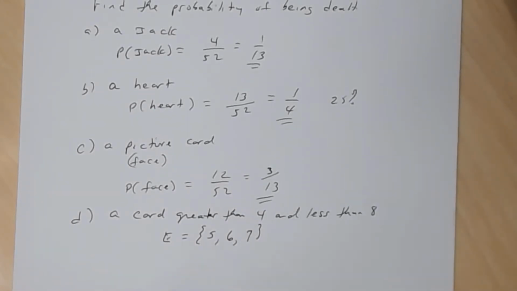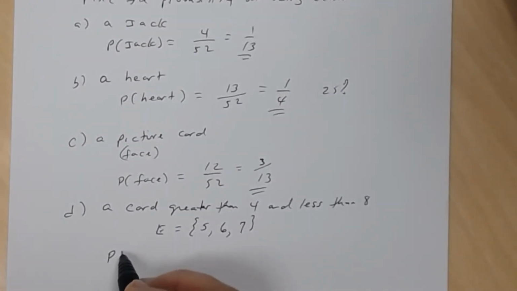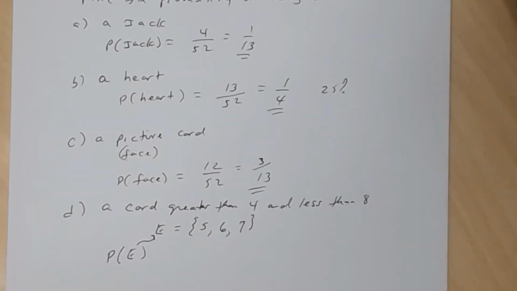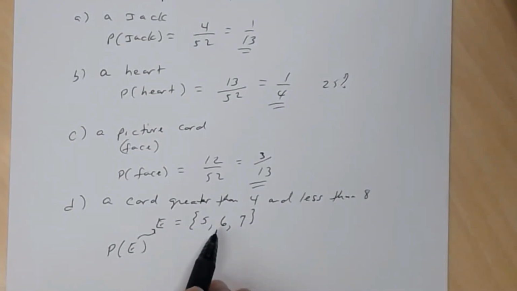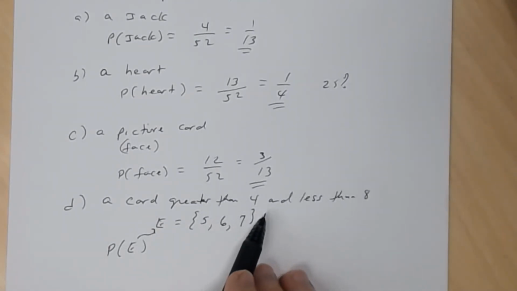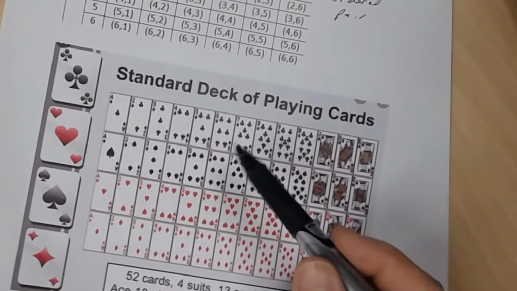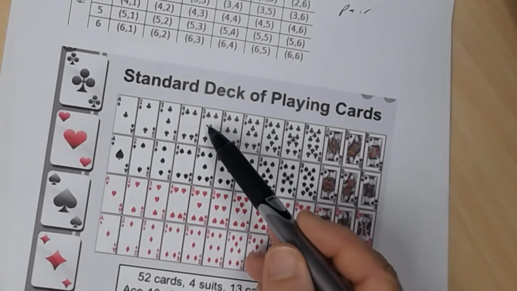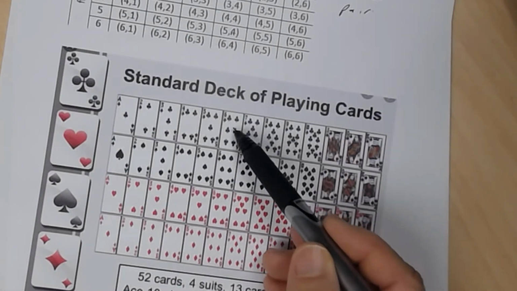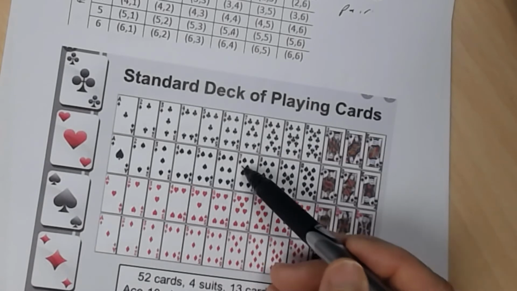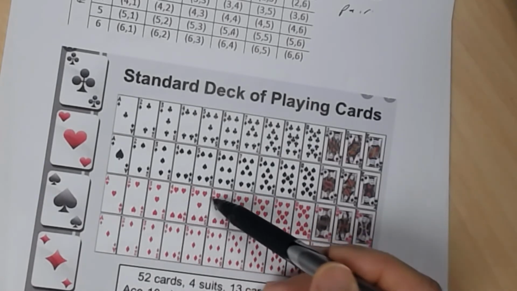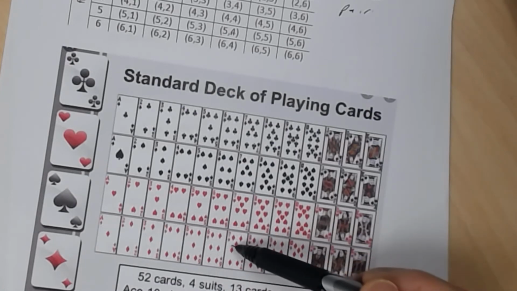Now if I want to find the probability, I'm going to call this probability of E since I have E listed here. The probability of being dealt a 5, 6, or 7: I have to count how many 5s, 6s, and 7s I have. So that's 5, 6, 7 of clubs, spades, hearts, and diamonds.